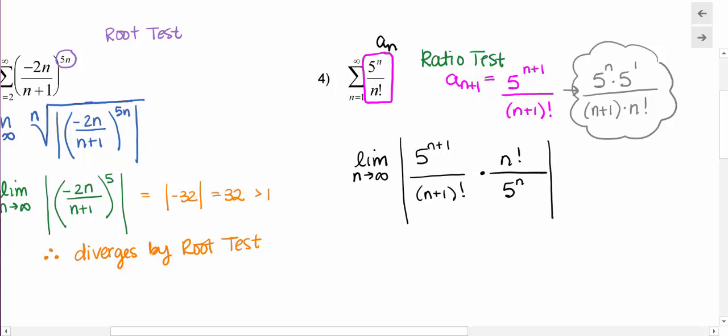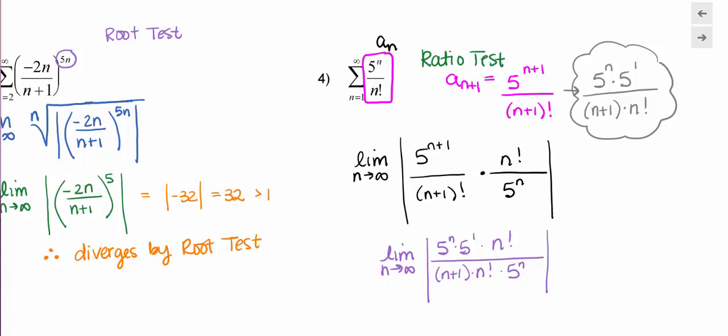And that just saves me one algebraic manipulation step. Okay, so I'll say limit as n approaches infinity, and I'm going to write out what I have up there in that gray, because it's 5 to the n times 5 to the 1 times n factorial all over this n plus 1 factorial, which is really n plus 1 times n factorial, and it's times 5 to the n. So I can write that as one big fraction.